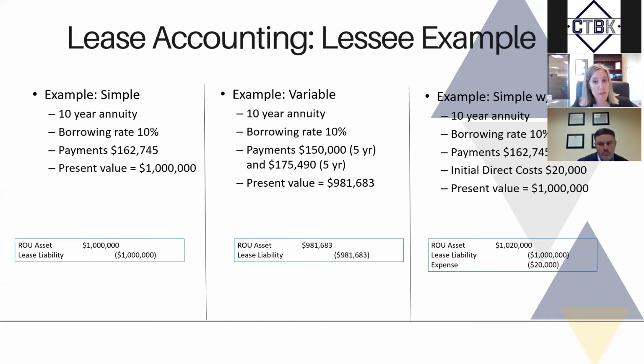However, my right of use asset, if you remember from the previous webinar, is $1 million plus my $20,000 initial direct costs, so my right of use asset is $1,020,000. And I'm reducing my expense, taking those initial direct costs out of my expense to put them into my right of use asset.